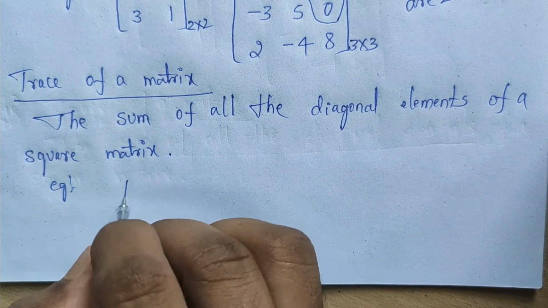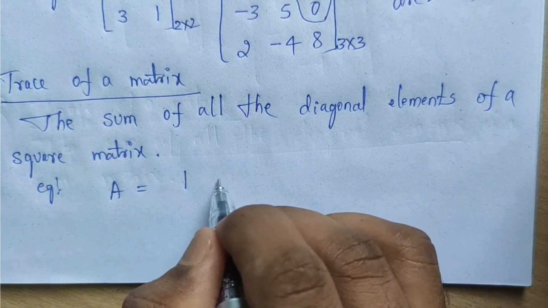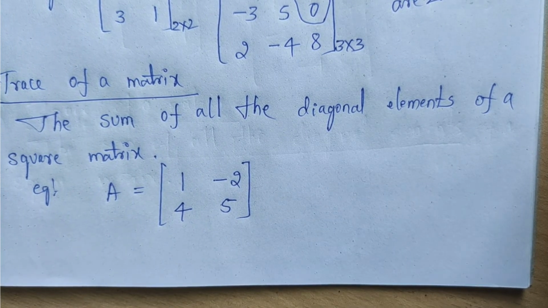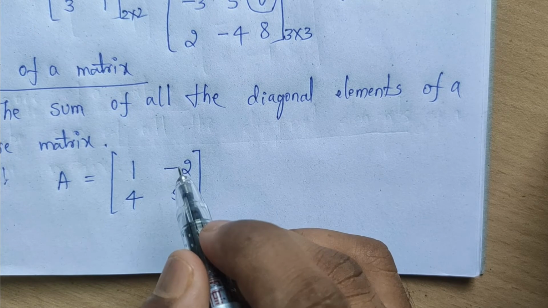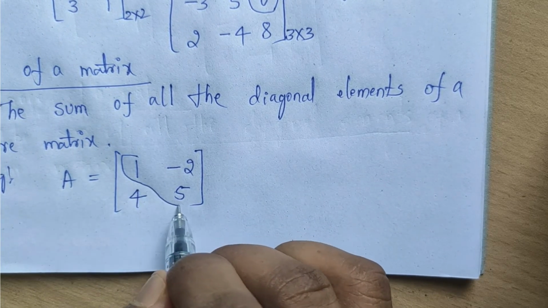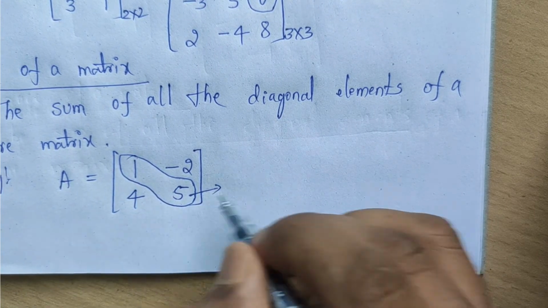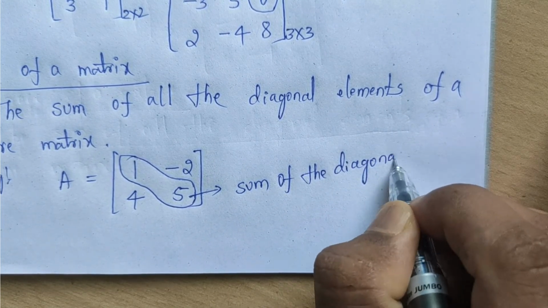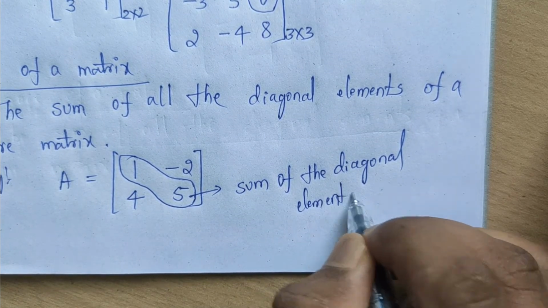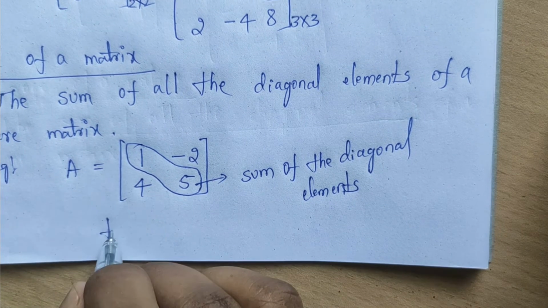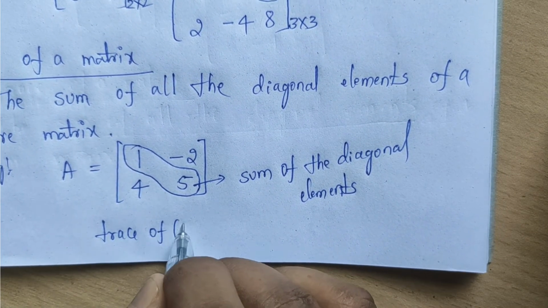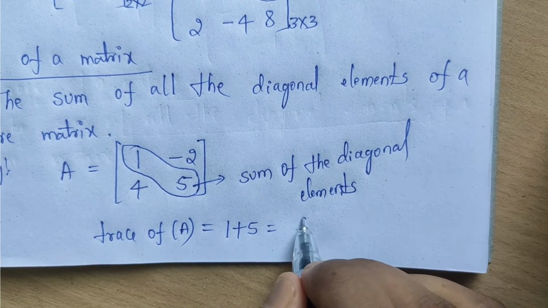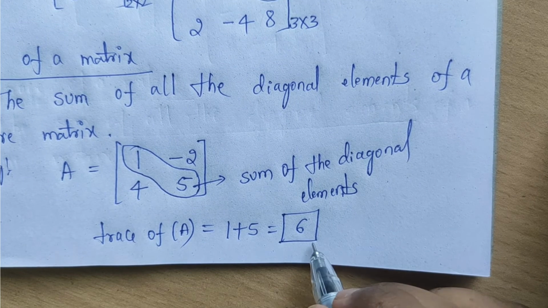Example: A equals 1, minus 2, 4, 5. The sum of the diagonal elements is 1 plus 5 equals 6. The trace of matrix A is 6.